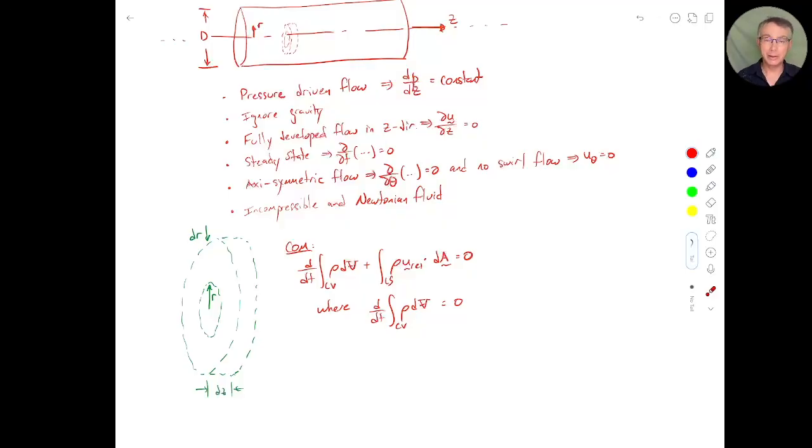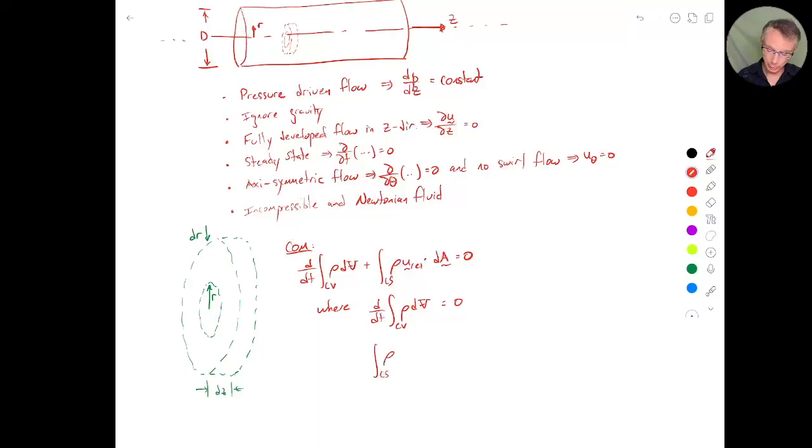And then the second reason is that the density is a constant because we said it was incompressible. And then the volume doesn't change with time because we're using a fixed control volume here. That control volume is not expanding or contracting or moving around in time. It's just fixed in space. So that's not changing with time either. So for all of those reasons, that first integral here, the time rate of change of mass in the control volume, is 0.